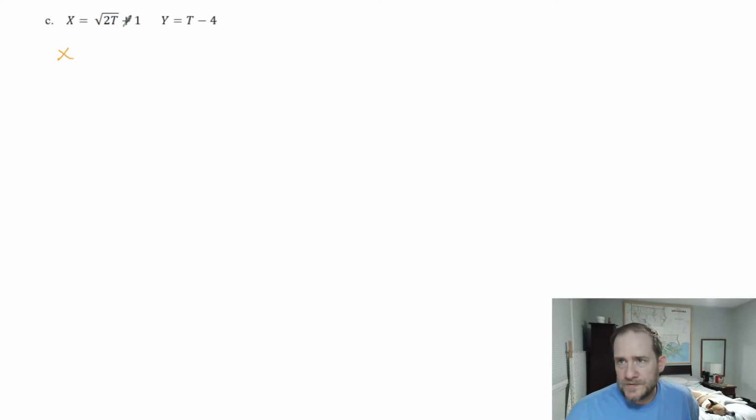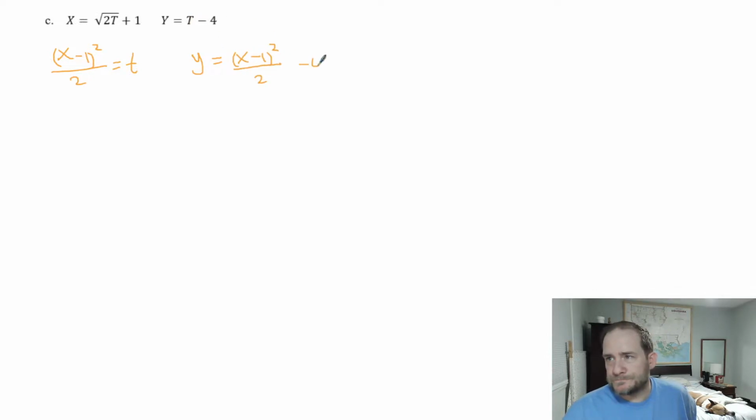Let's go x minus 1, and then square both sides, and then divide by 2. That'll be t. So that's getting me to a quadratic equation. I can now take that and plug it in over here. So I'll have y equals x minus 1 squared all over 2 minus 4.